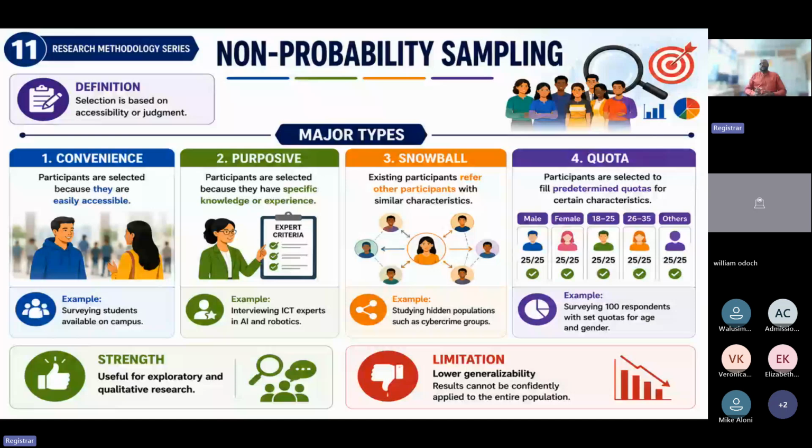Basically, non-probability sampling is the reverse of probabilistic sampling: we cannot guarantee that every member of the population has a chance of being selected as a sample. So here, one method is called convenience sampling.